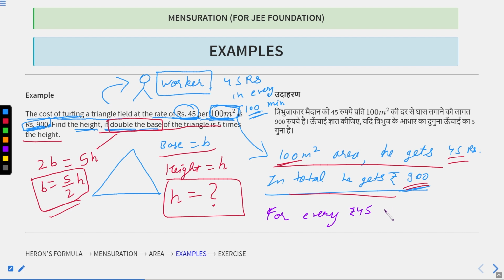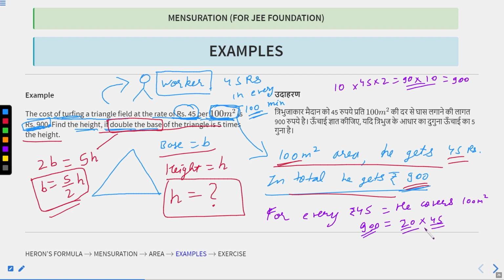For every 45 rupees he covers 100 meter square. So 900 is equal to what? It equals 20 times 45, because 45 times 2 is 90, and if I multiply that by 10, I get 900. So 900 is equal to 20 times 45.